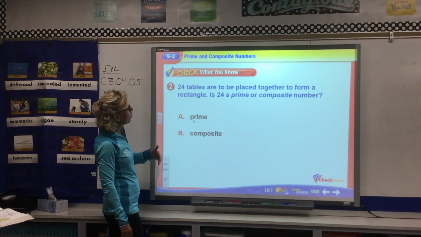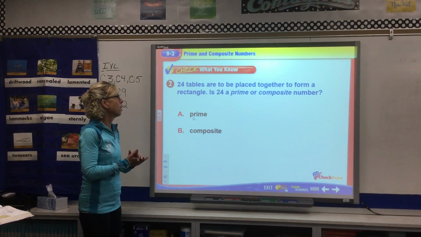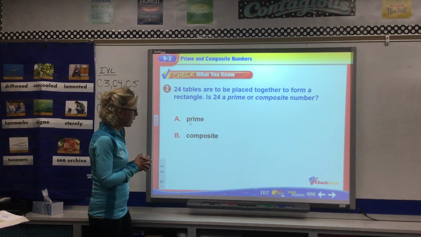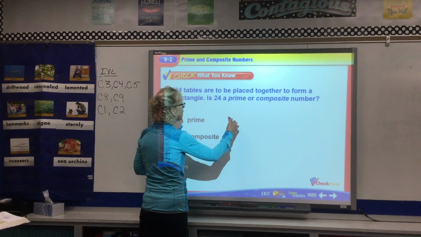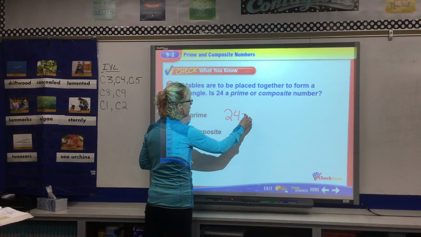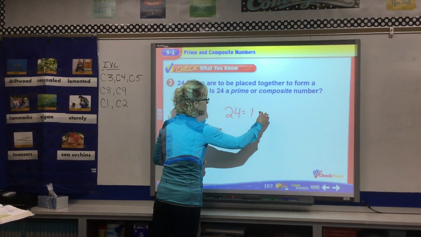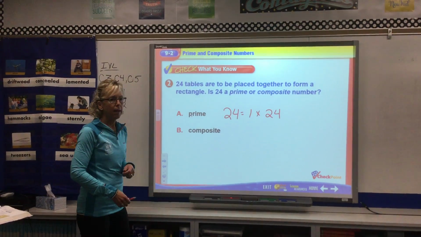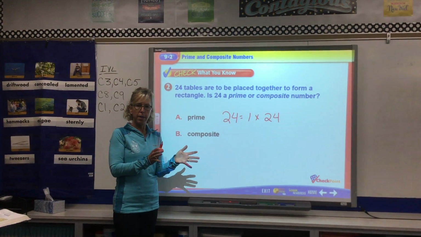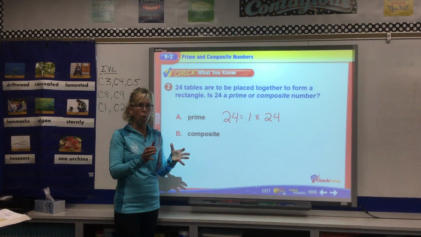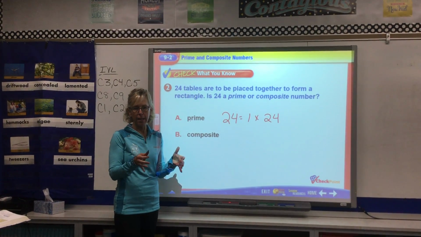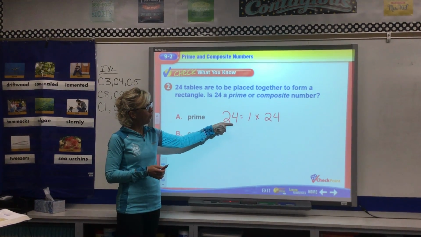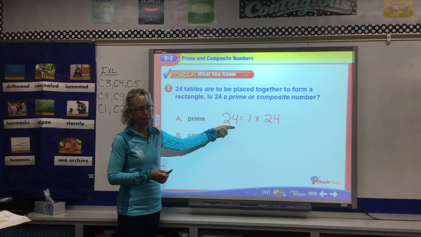If you have 24 tables and they're to be placed together to form a rectangle, is 24 a prime or a composite number? If we look at factors of 24, I know that 1 times 24 is 24. The 2 is really special because 2 is the only even number that is prime. I look at 24 and I know 24 is an even number.